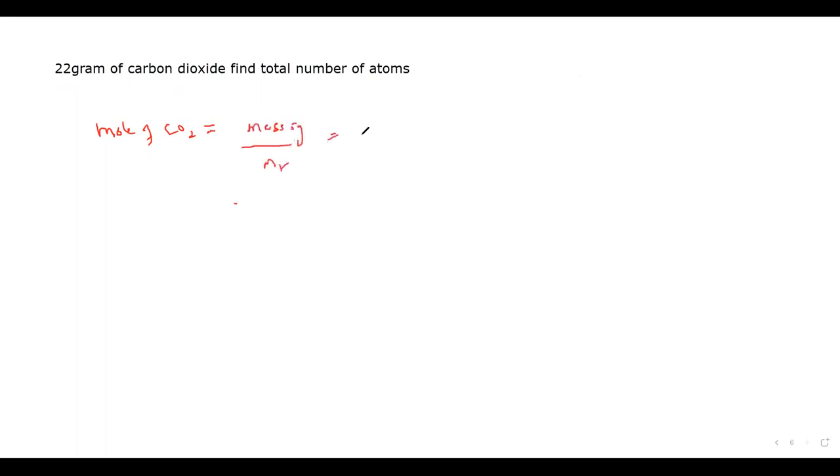We have 22 grams of carbon dioxide and we want to work out the total number of atoms. Carbon dioxide is a molecule. So first we'll find the moles of carbon dioxide. Moles is mass in gram divided by molar mass. Mass is 22, molar mass of carbon is 12, oxygen 16 multiplied by 2, so the total is 44. So we get 0.5 moles of carbon dioxide.